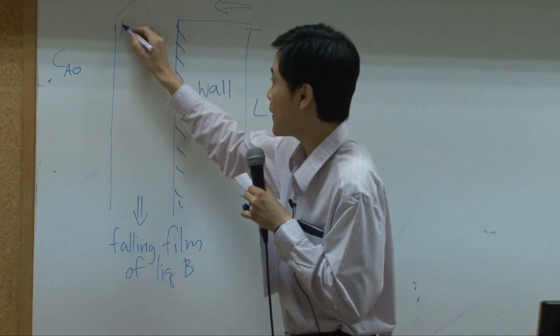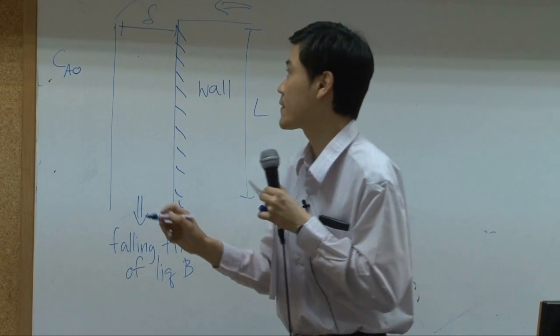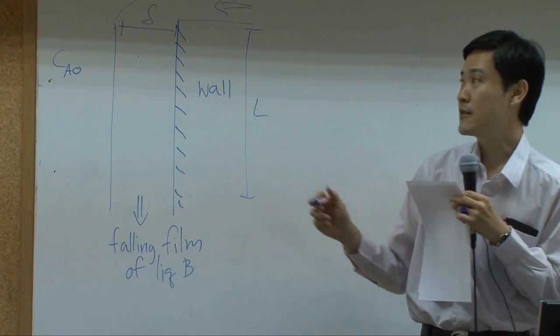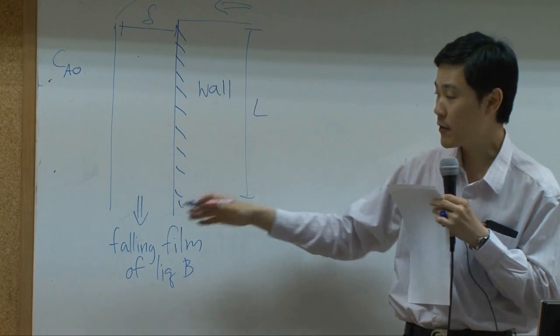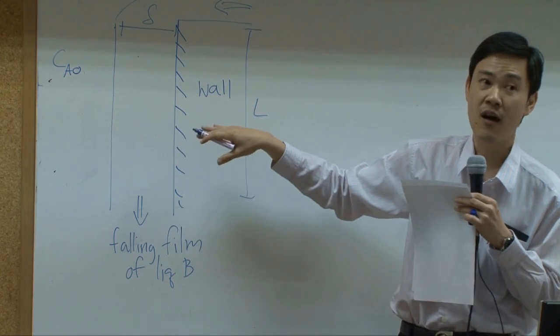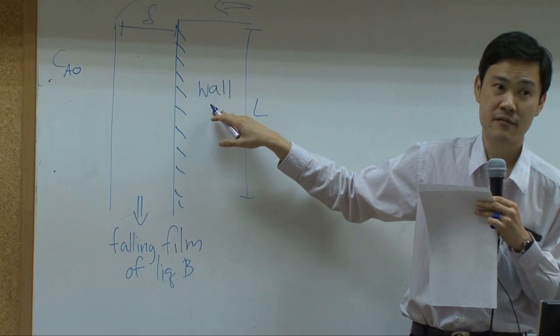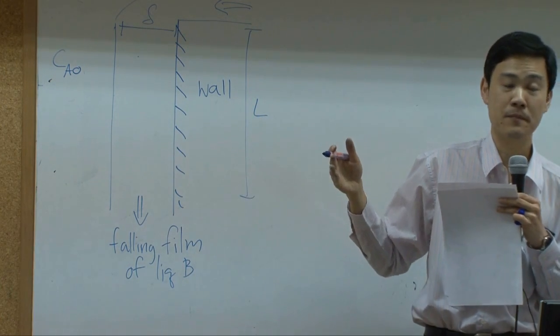The thickness of this film is delta. And suppose delta here is very small. That means you have a thin layer of liquid B coating on the wall surface. So you have a wet wall.